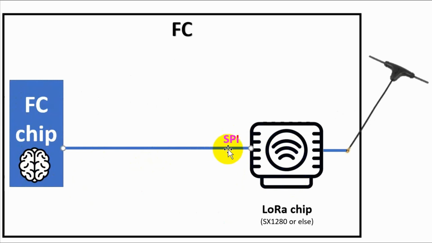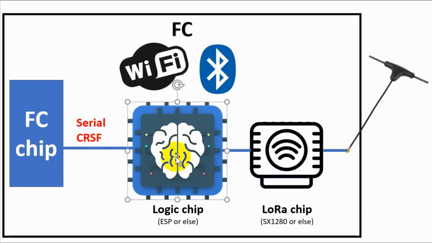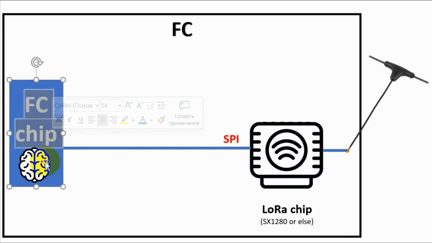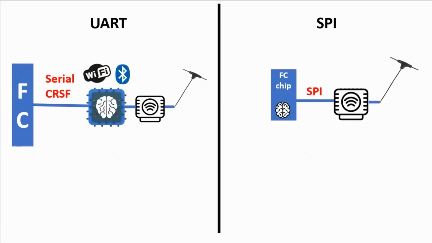So we simply connect SPI to the flight controller chip and move all the algorithms of packet forming and packet analyzing from here to the flight controller. So we put it into the Betaflight software. So here is the difference, UART and SPI. Yeah, SPI looks simpler, but UART has a number of advantages.